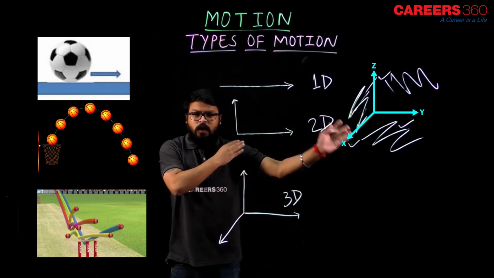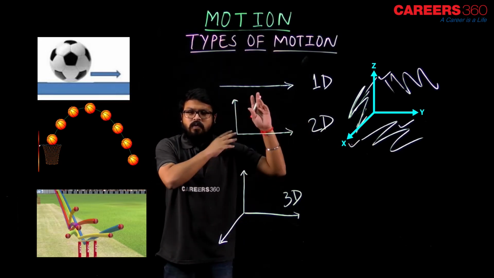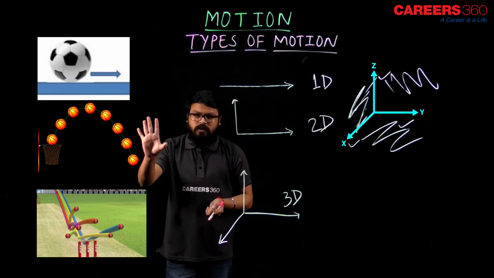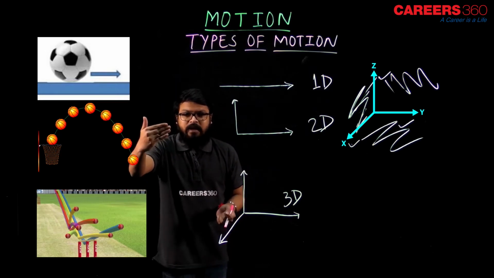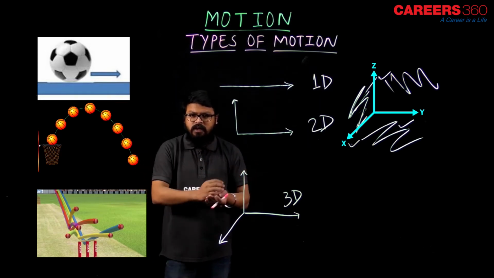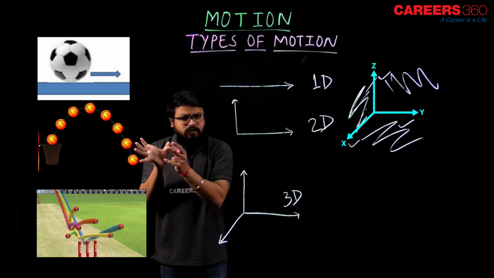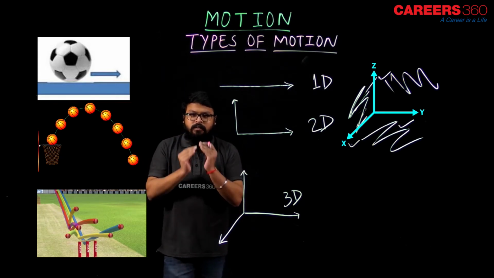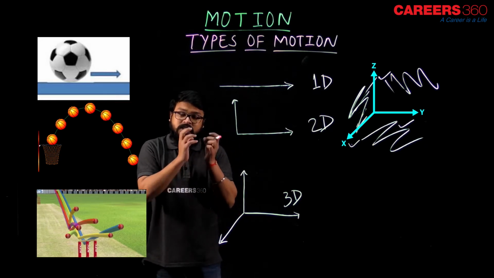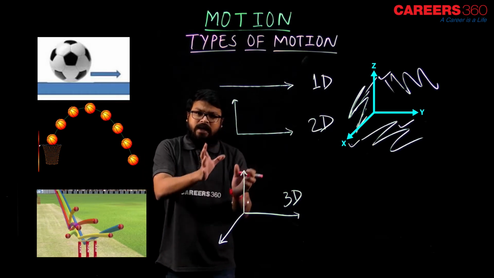I can consider any one of the axes, that is x, y or z, and I can explain the change in position with respect to time. So that is nothing but one dimensional motion. One direction means one dimensional motion. And in the case of the basketball, during its motion, it is changing its position in two directions.